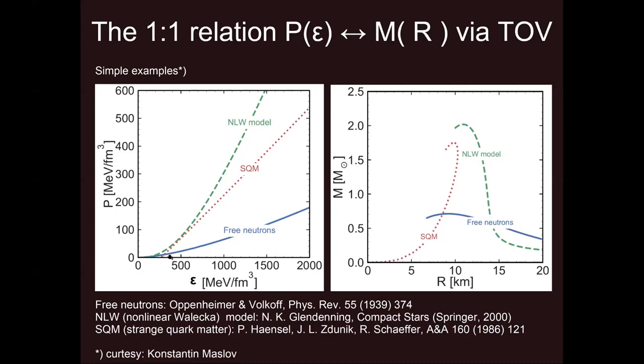So starting with Tolman, Oppenheimer, Volkoff, who applied their equation for free neutrons, the blue line in the equation of state, just a free neutron gas, they got a solution for the mass-radius relationship with a maximum mass of 0.7 solar masses. Of course, at that time, there were no observations of neutron stars, but nevertheless, if a neutron star should emerge in a supernova collapse, then it was conceivable that the mass should be higher.